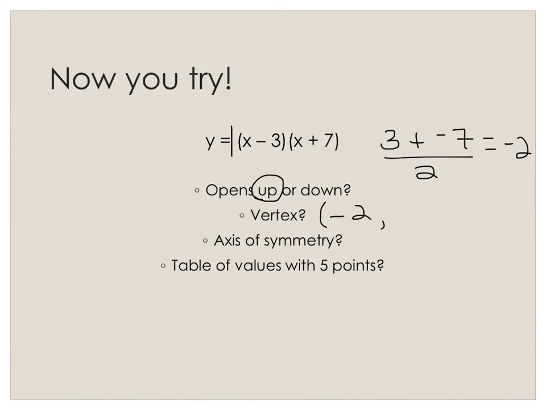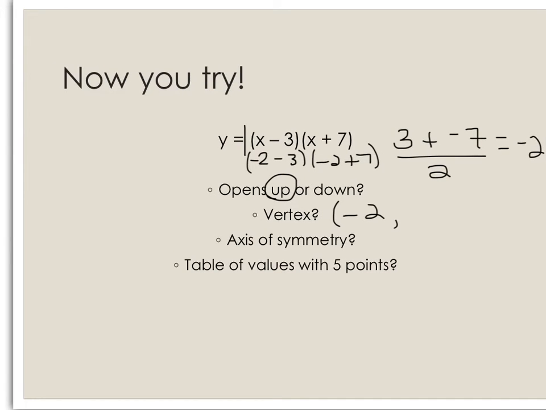So once we find that x value, we substitute it back into the original equation: -2 minus 3 times -2 plus 7. And we get -5 times 5, which is -25. Our axis of symmetry is x equals -2. Next, we will do our table of values using 5 points.